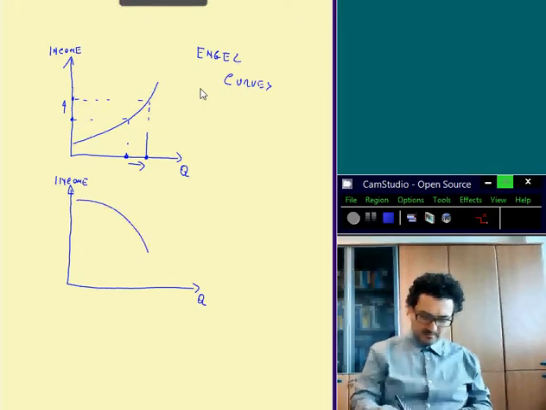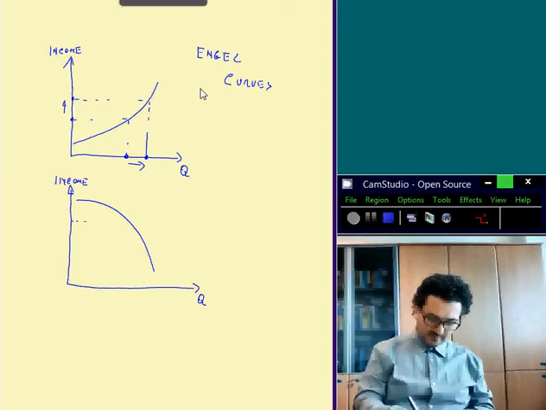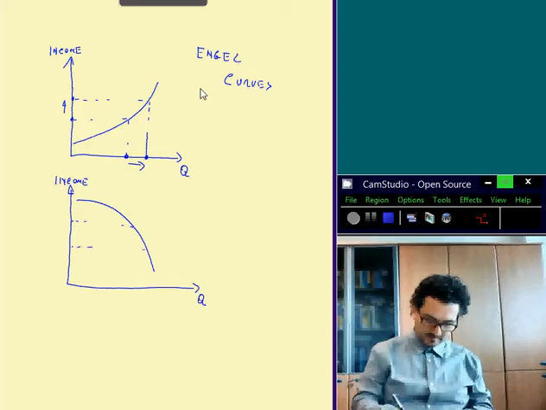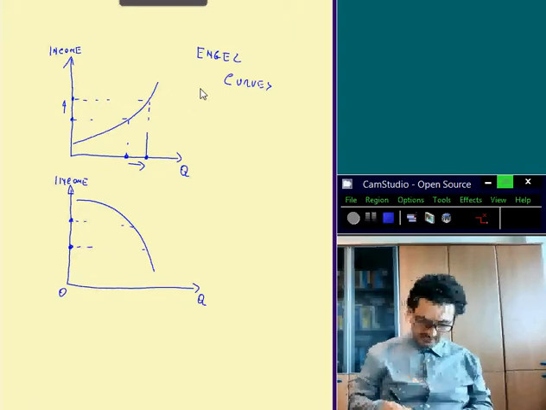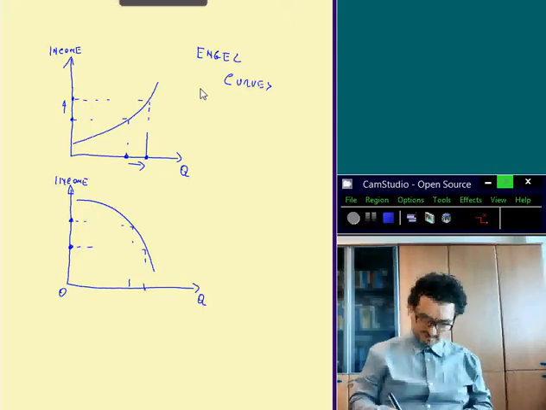So it's a decreasing function, which means that if we have an increase in the level of income from this level to this level, here we have the zero level of income, what we can observe is that the demanded quantity, for instance for beans, from this level reduces to this level.